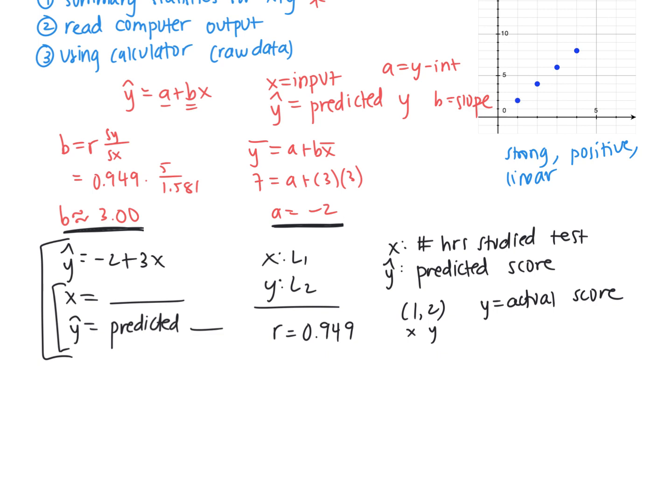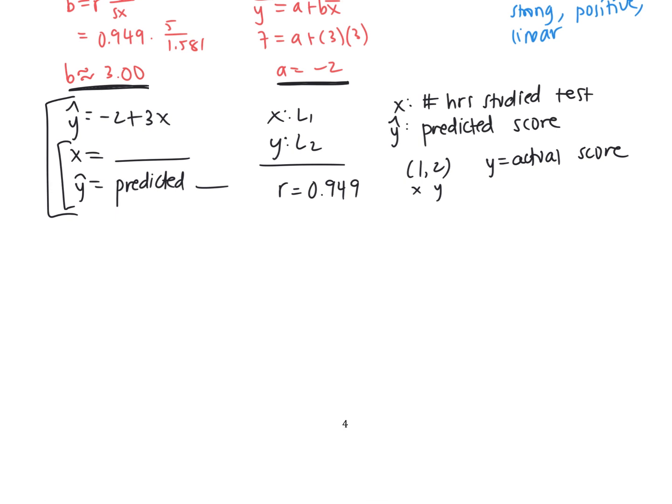Okay, so little throwback to algebra. One thing that you have to be able to do is you need to be able to interpret the y-intercept. It's going to be very similar to what you did in algebra. Y-intercept, when x is 0, our y value is -2. So when x is 0, our y is -2. We need to put that in context and in words, though.